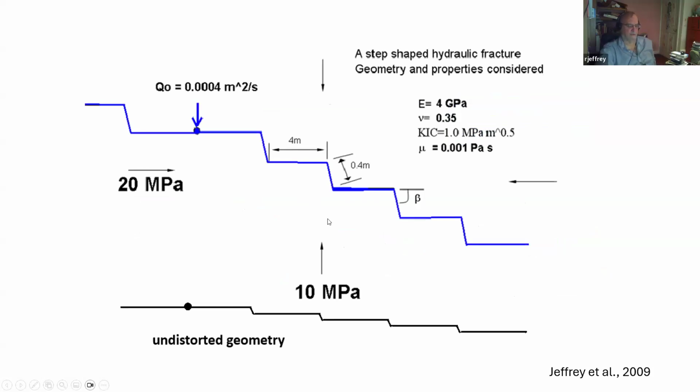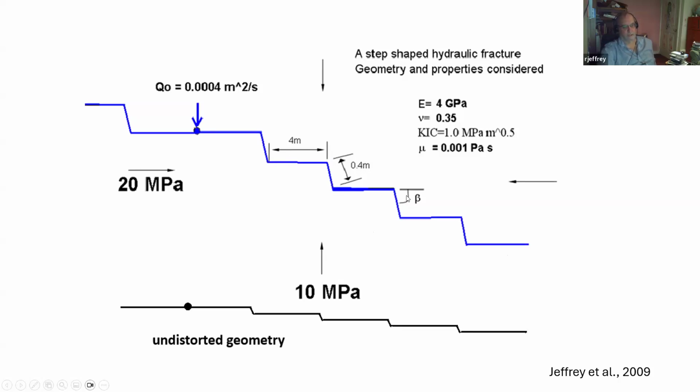We did a study of what the effect of offsets might be on fracturing pressure and growth. And we did that with an idealized model of a stair-step fracture, as shown here, where the steps in the fracture path were 1/10 of the length of the main step. So we had 4-meter steps and then 0.4 meter risers, if you will.